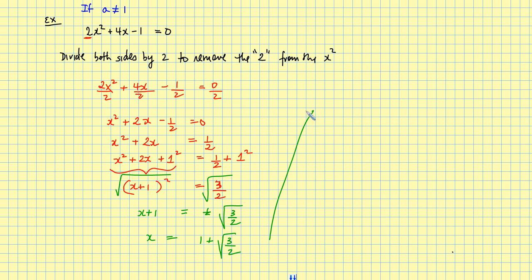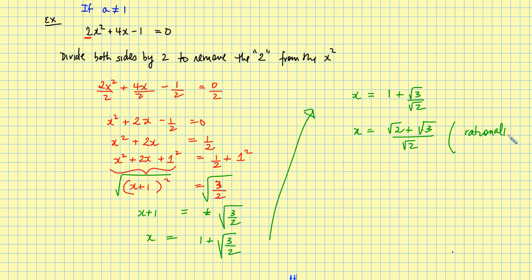If I want to simplify this, it would be as 1 plus root 3 over root 2, which means I'm going to multiply the 1 by root 2 over root 2 to get a common denominator. And so x would be root 2 plus root 3 over root 2. But then we would have to rationalize the denominator.